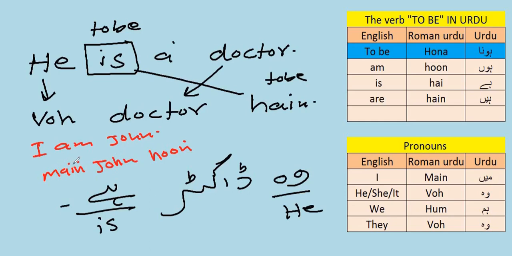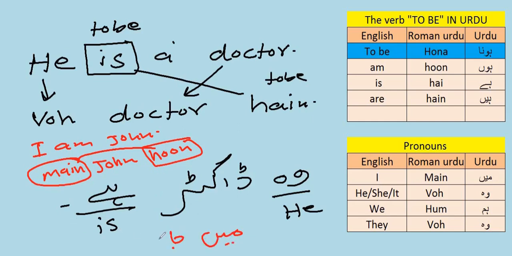So whenever we use मैं in our sentence, we will end our sentence with हूँ. हूँ has agreement with मैं. मैं John हूँ. मैं is a pronoun which means I, and हूँ is am. So whenever we start our sentence from मैं, we must end our sentence with हूँ. Then similarly, मैं हूँ means I am.